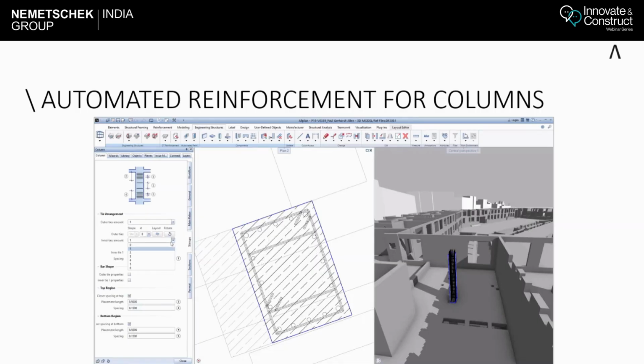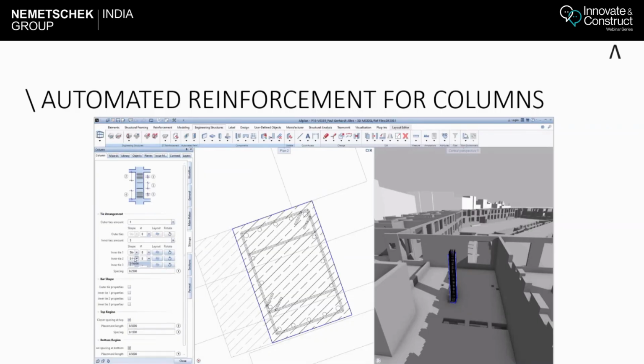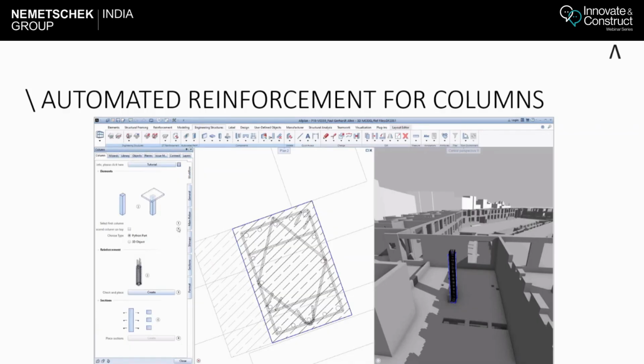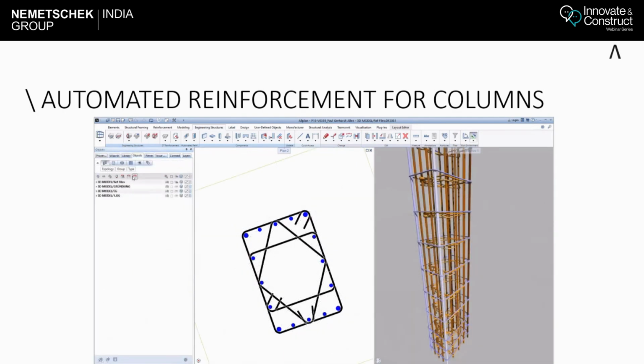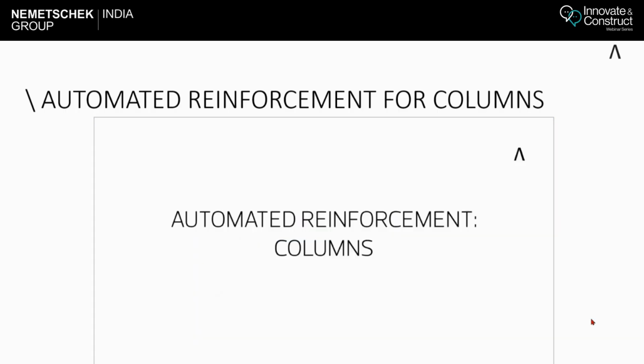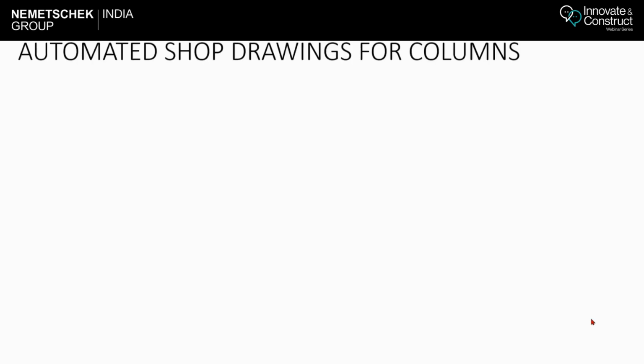More than 70 or 80% of the rebar requirements for a column can be handled with it, but there could be some situations wherein a normal manual rebar has to be added. Even manual rebar addition is easy. If I need to add some manual rebars, the software automatically identifies the geometry of the part and adds the rebar to it. That's how the rebar works. It's super easy and can be handled with ease.